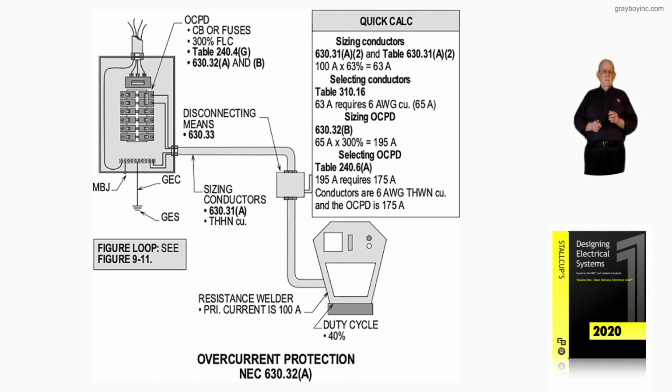Next, let's review the overcurrent device that's ahead of the branch circuit supplying power to the welder. Notice the overcurrent device, the arrow pointing to it at the service equipment at the very top of the illustration. Circuit breaker or fusing, this percentage will work. The maximum percentage is 300% of the FL current value in amps.